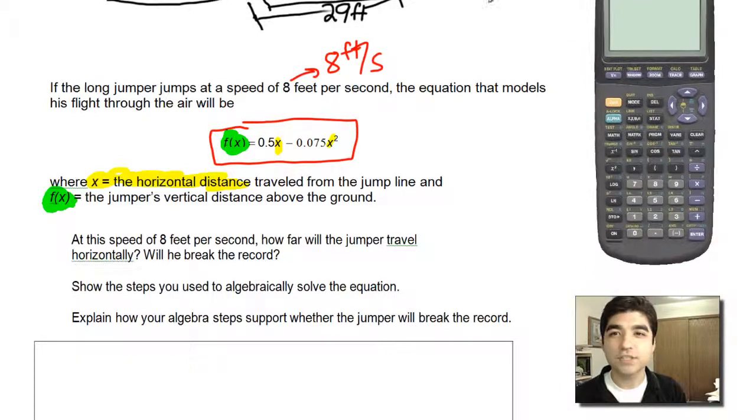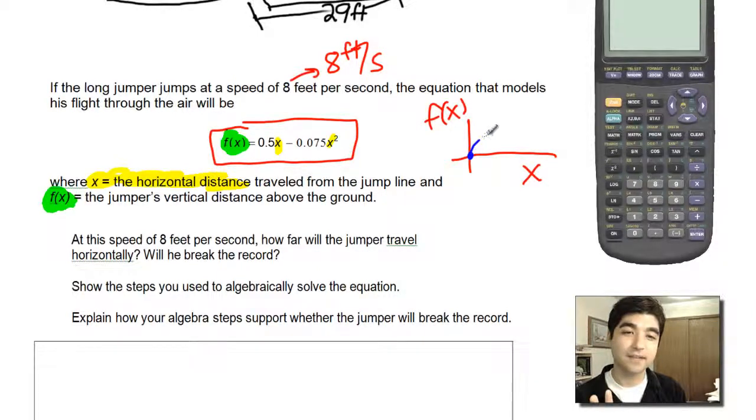So you can imagine that when he jumps, if this is the x, which is his horizontal distance, and this is f of x, f of x is going to be 0 at 2 points, when he takes off and when he lands back on the ground. But he's always going to be traveling in the x direction.